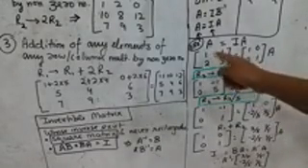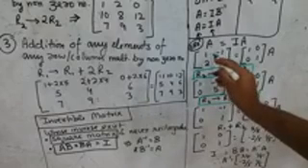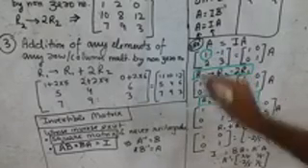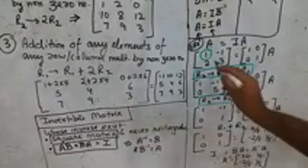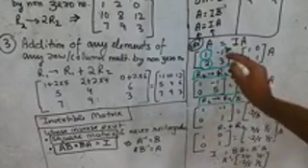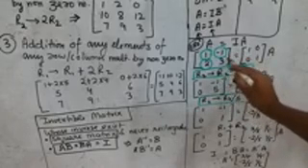What operation are we going to apply? Let's see how we will follow. We have to bring 1 here, then 0 here, then 0 here, then 1 here.